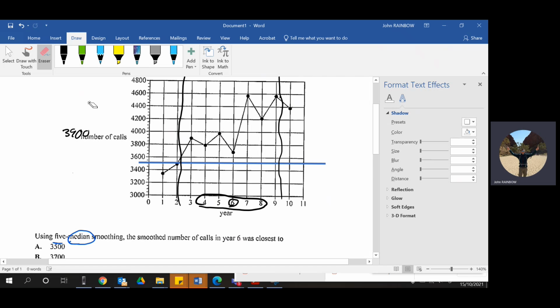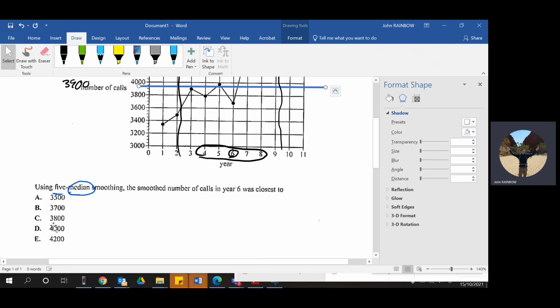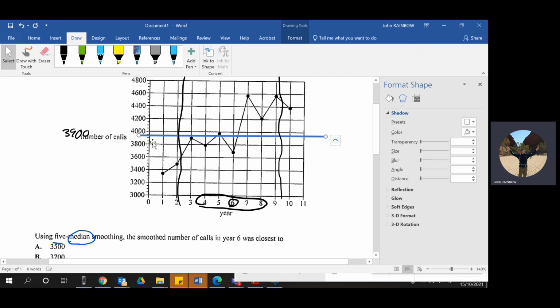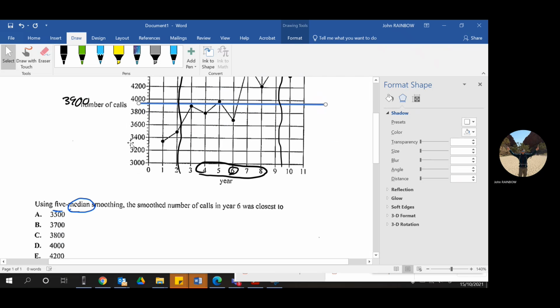Again, I would just use a ruler, and if it's 7 points, I would choose my 4th point. So what we'll be doing then is using our ruler, and I'll be going 1, 2, 3, 4. Surprise, surprise, it's the same point. So that's how we do it. So either way, 3,900. Okay, it must be 3,800. No, it's not. It's closest to.